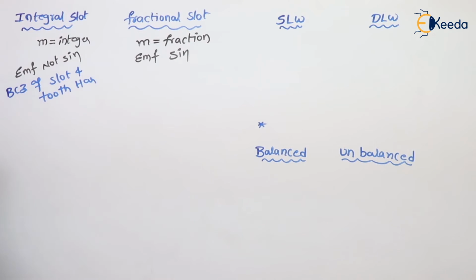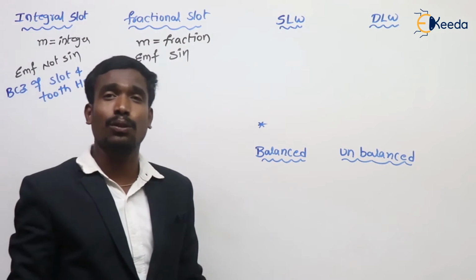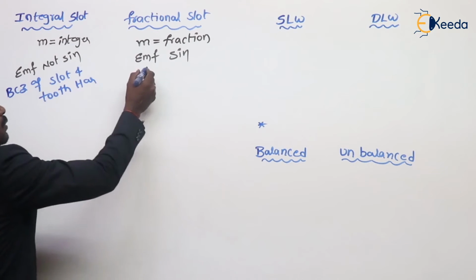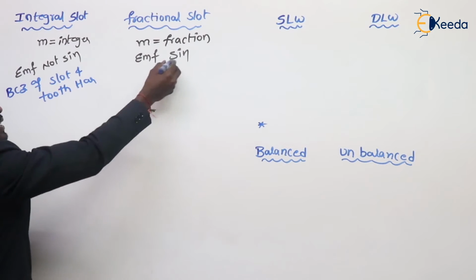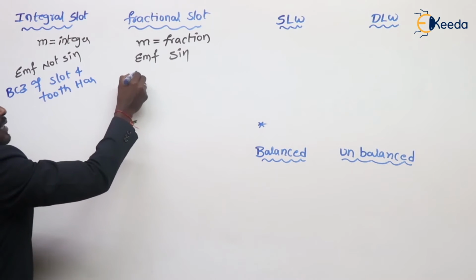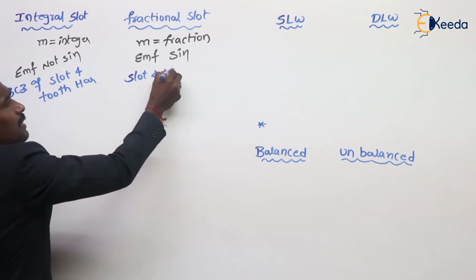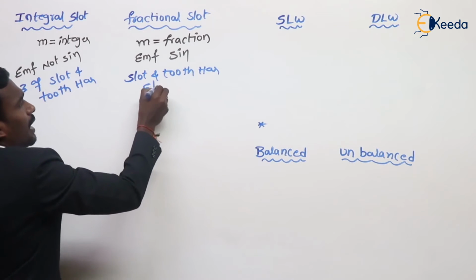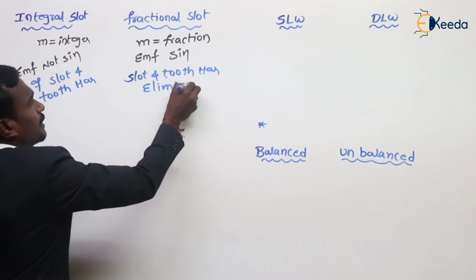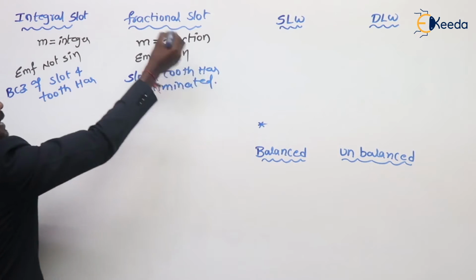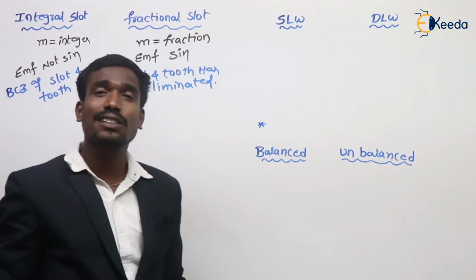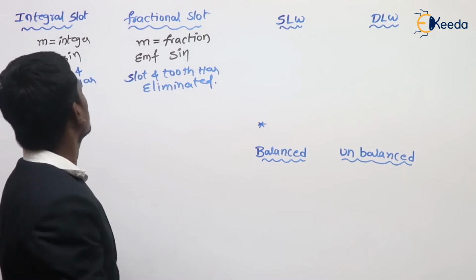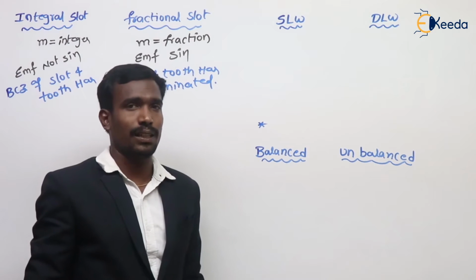That's why we go for fractional slot winding. The EMF is sinusoidal because these slot and tooth harmonics are eliminated in fractional slot winding.